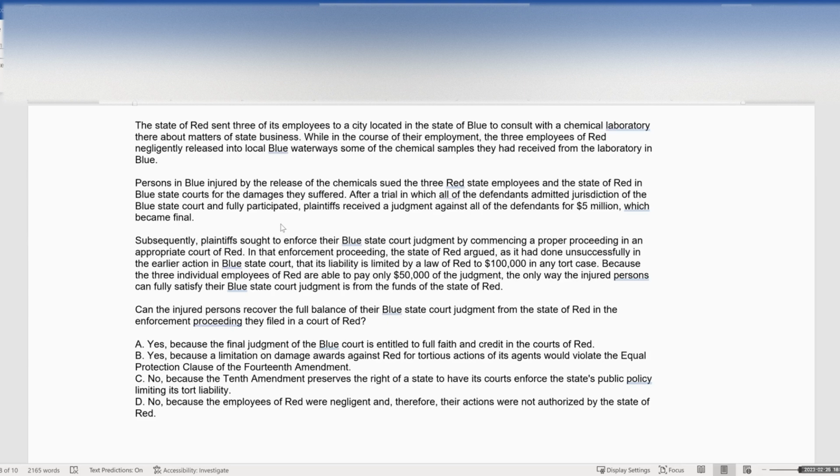you should feel very confident that you have picked the correct answer choice without having to read the fact pattern. So that's what we'll do first. And then second, we'll go through the call of the question, run through the answer choices, and then go back up to the fact pattern to make sure that we are not missing anything.